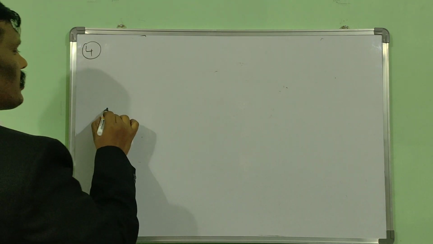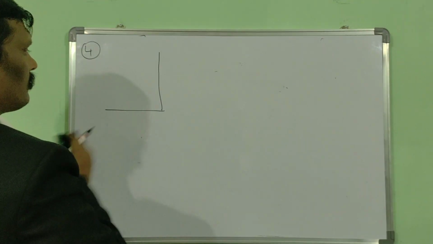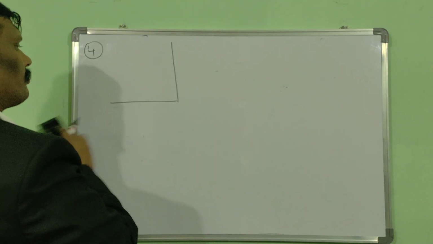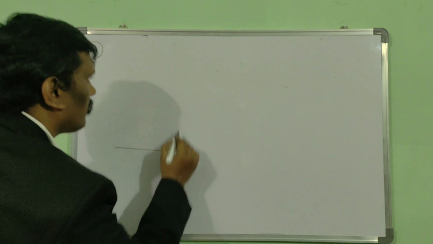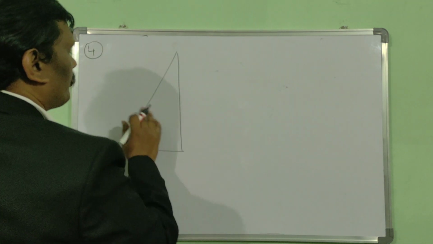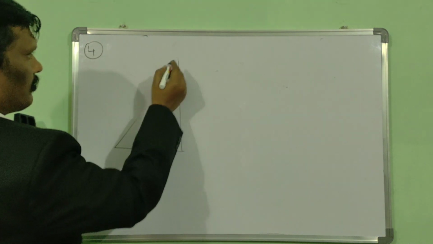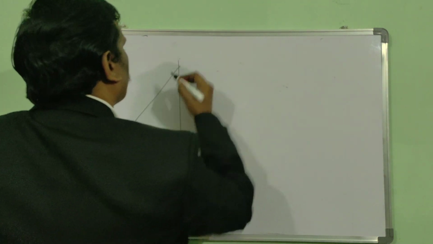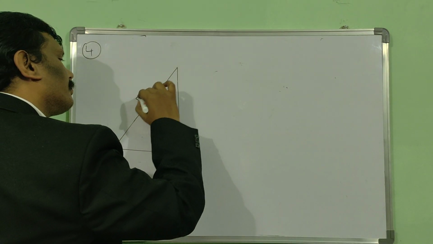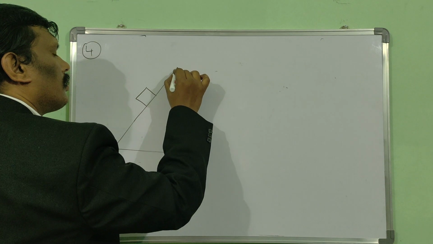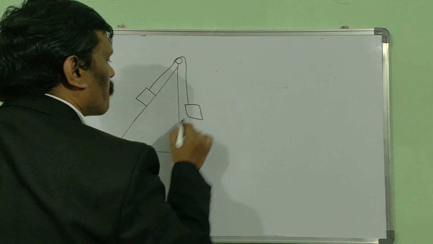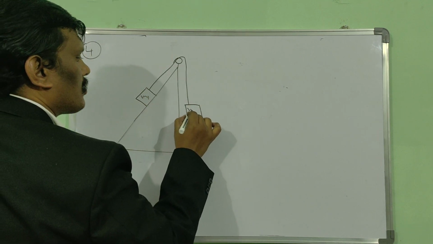If I consider one inclined plane like this, let us see here. This is the inclined plane, and I am going to consider a block here. This is the pulley. The string passes over the pulley. This is M1 and this is M2.